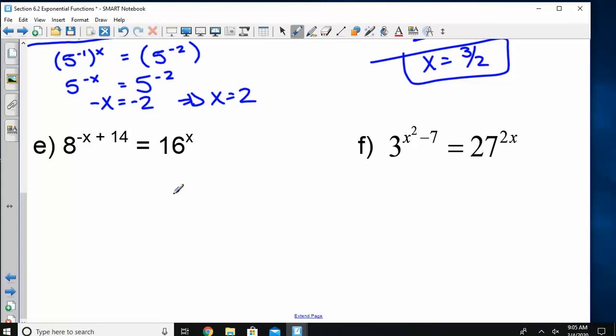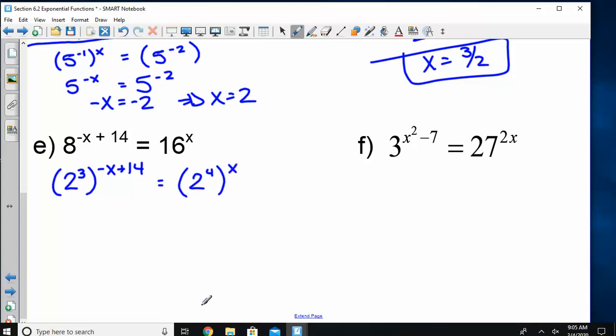No. It might work out that you have to change both of them. So what could I change both of those to? 8 is 2 to the third. You need to put that in parentheses, and then the negative x plus 14 outside the parentheses. And 16 is 2 to the 4th.